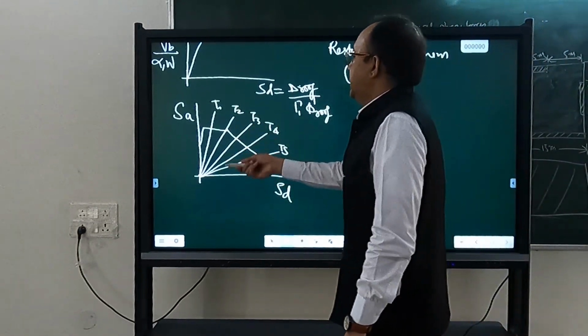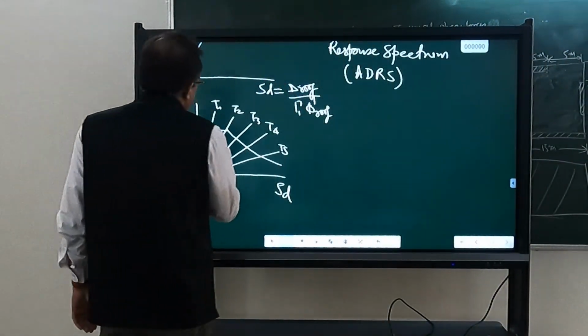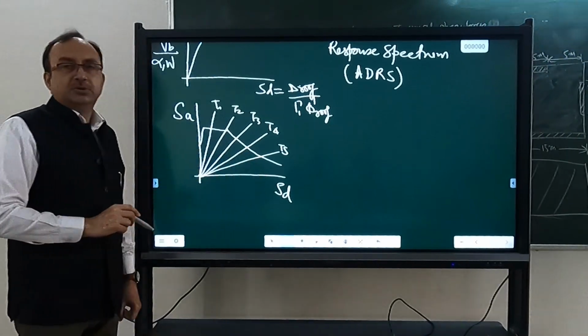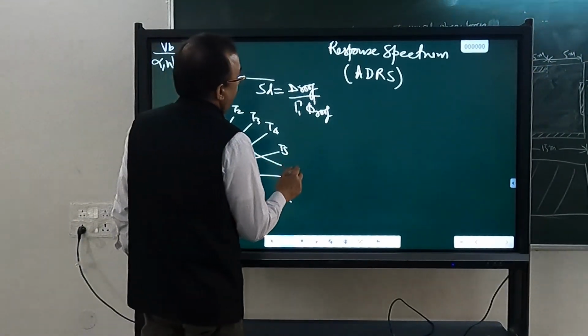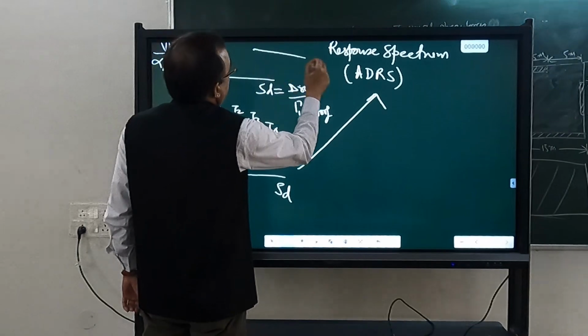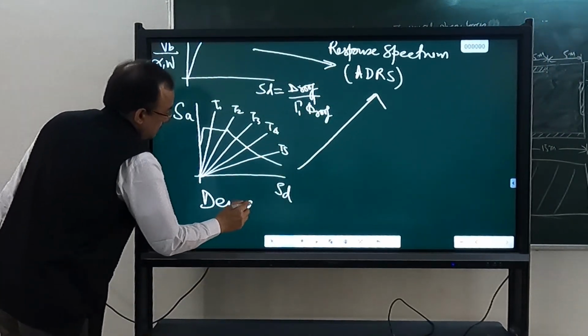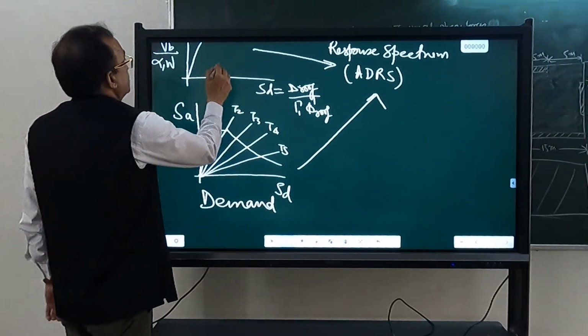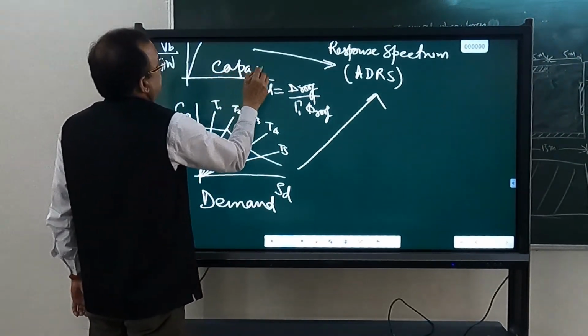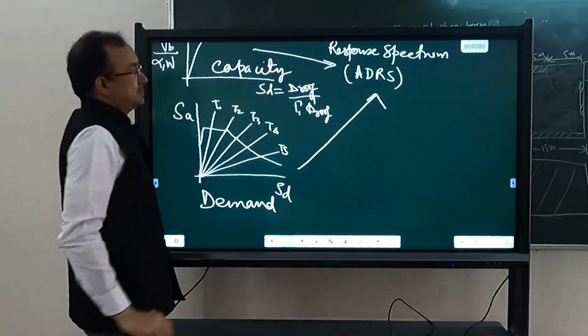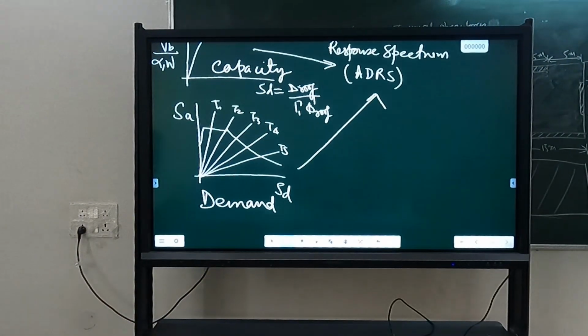So that's how I have plotted these lines, and then the same response spectrum I can plot. So ADRS is the format in which you can plot demand as well as capacity. So demand as well as capacity, both you can plot in ADRS form.